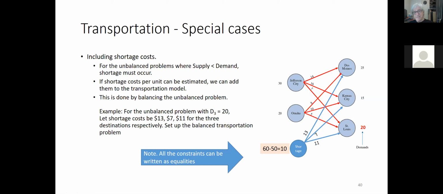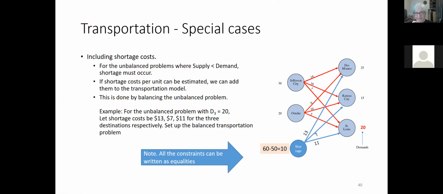So you have this data, and now the question is, okay, if I can evaluate the cost, maybe I don't want to create large shortage in Des Moines because the shortage is so expensive. So you can add those shortage costs to your transportation costs, and it will affect your transportation plan now.